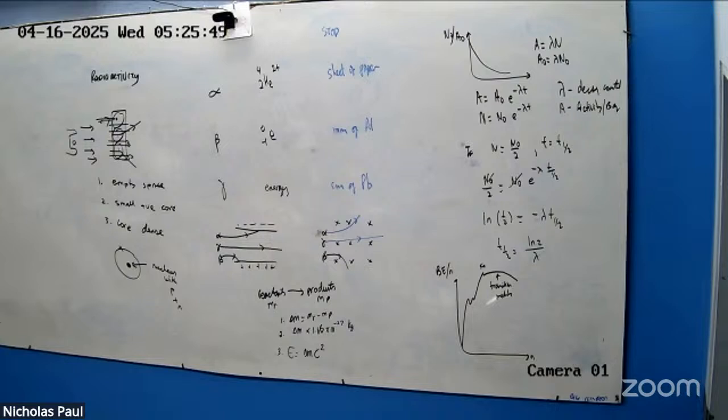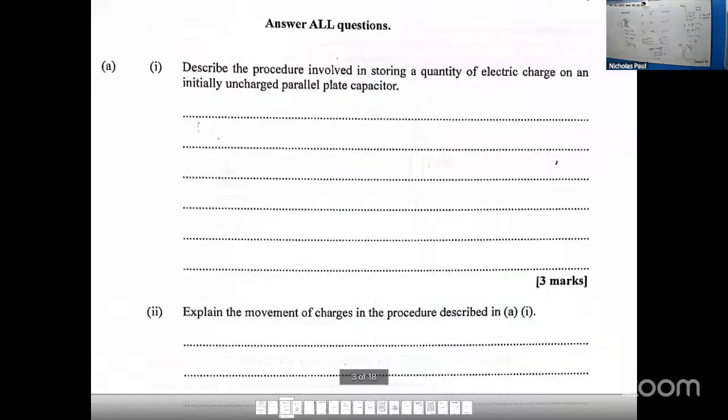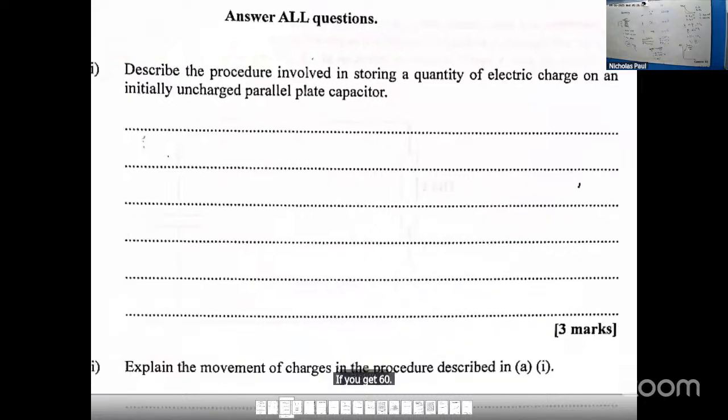I don't want to. I get it. I second class for 60. Raj, you get 60.